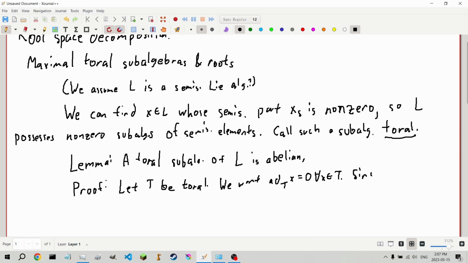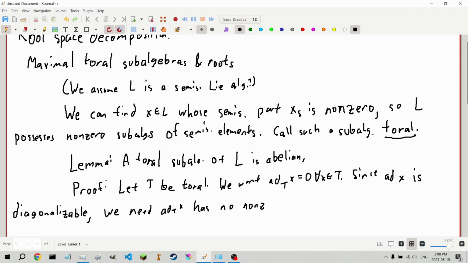Now since the adjoint of x is diagonalizable, given that the adjoint is semi-simple and we're assuming that our base field is algebraically closed, we need that ad_T of x has no non-zero eigenvalues.